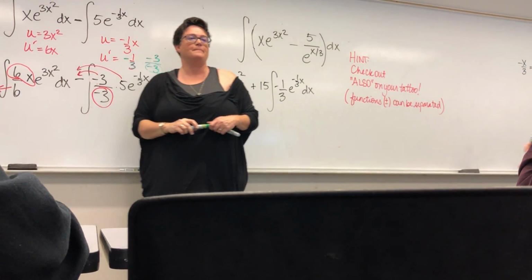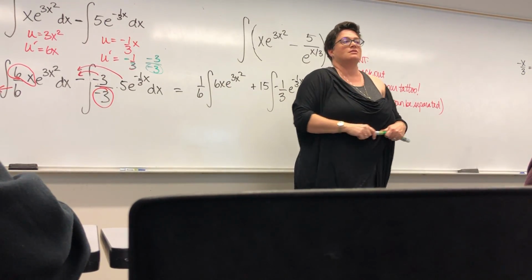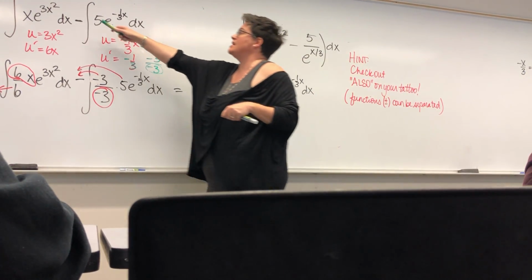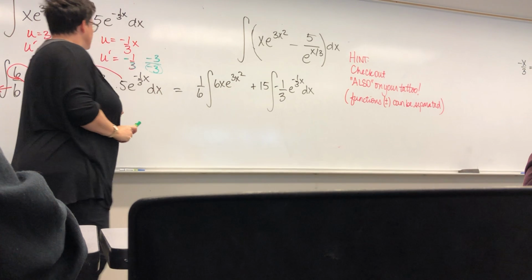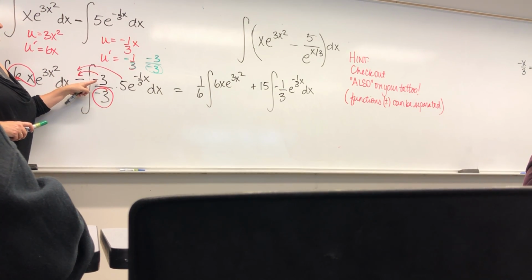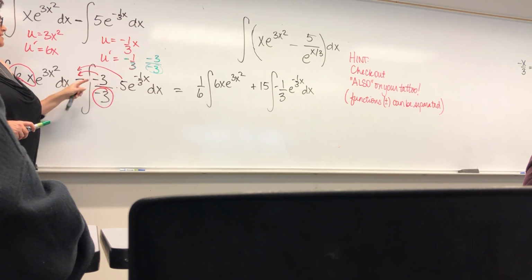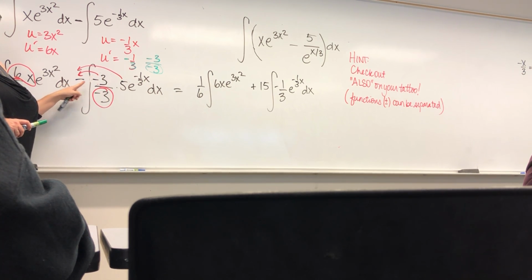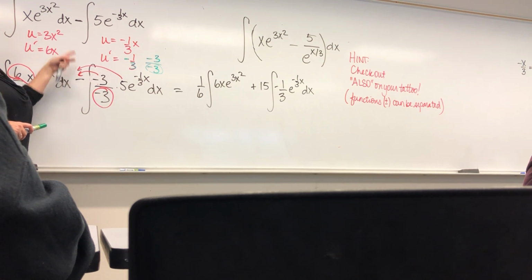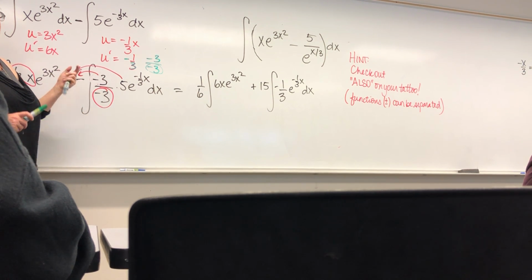What if you kept it in, would that be a problem? No, but you have to keep your signs straight, guys. If I made this plus a negative 5, then it would still work out. You would still have a negative 3 times a negative 5, and this would be a plus out here, right? What's a negative times a negative? A positive, and when you drag it out, this would have been positive, so it'd still be positive 15.